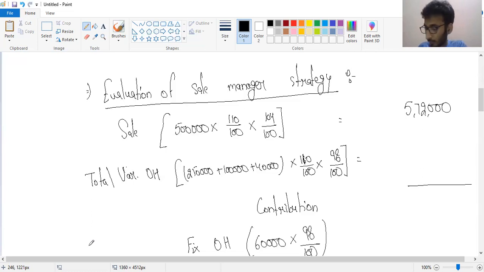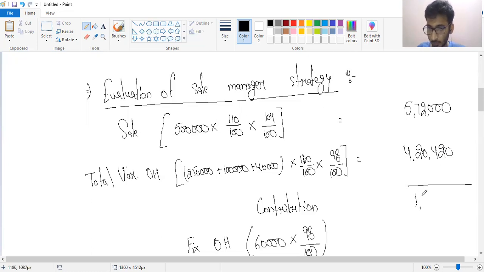390 multiplied by 1.1 multiplied by 0.98. It would be 420, 420. So contribution 572.